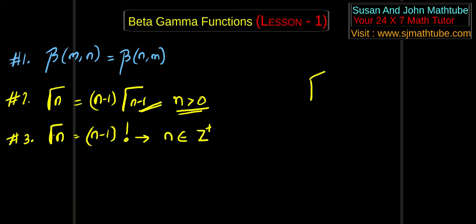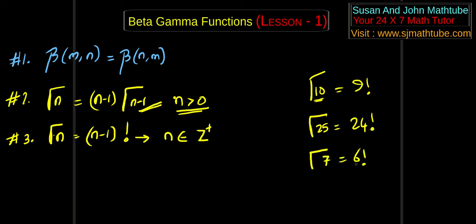Suppose you have gamma 10. Then you must write the answer 9 factorial because 10 is a positive integer. Suppose you want gamma 25. You should write 24 factorial. And suppose you want gamma 7. You should write 6 factorial.